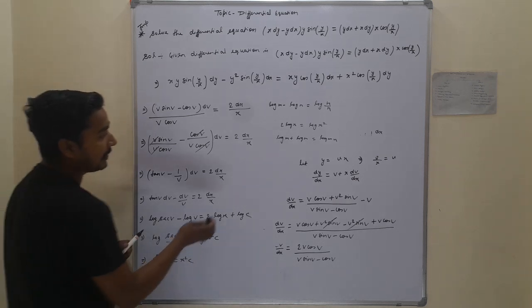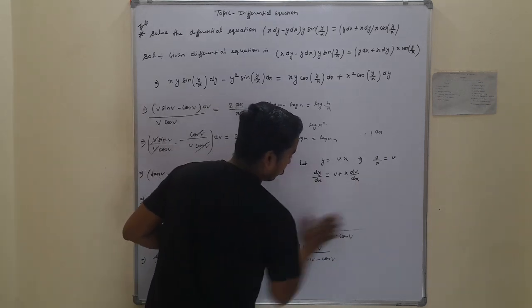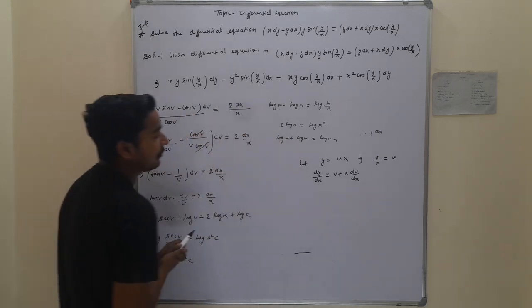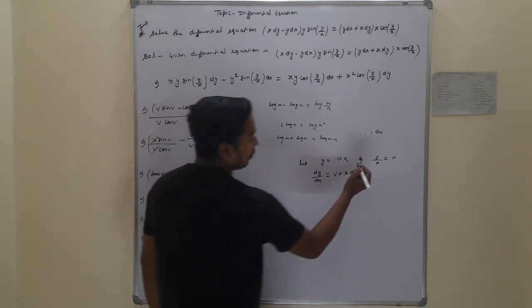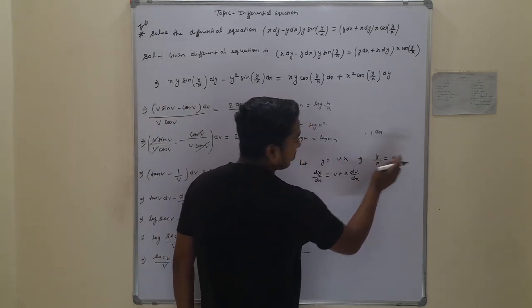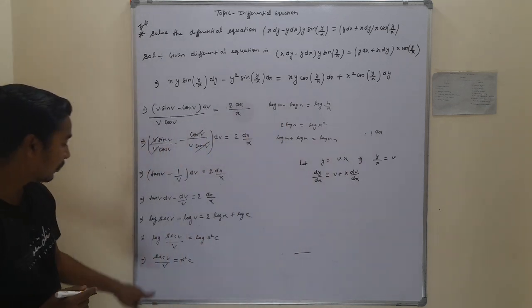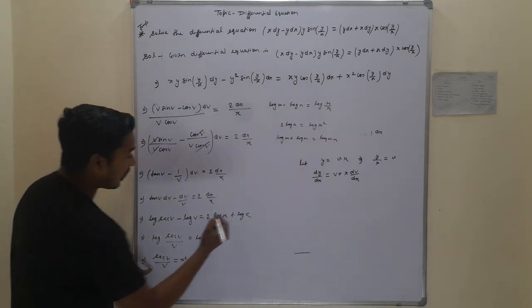And further we have to put the value of v here. V is given as y by x, so we put in place of v, y by x.